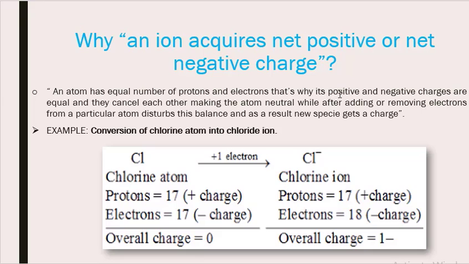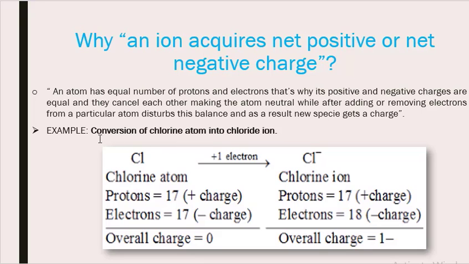That's why its positive charges of protons and negative charges of electrons are equal to each other and they cancel each other, making the atom neutral. While after adding or removing electron from that particular atom disturbs this balance of positive and negative charges, and as a result the new species gets a charge.